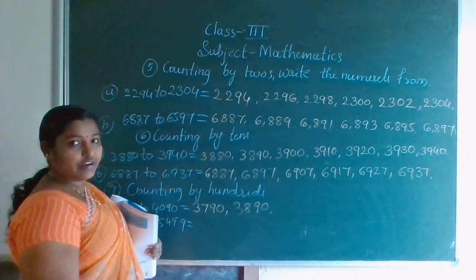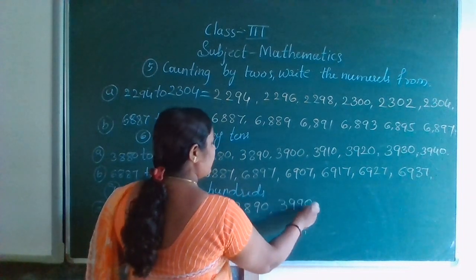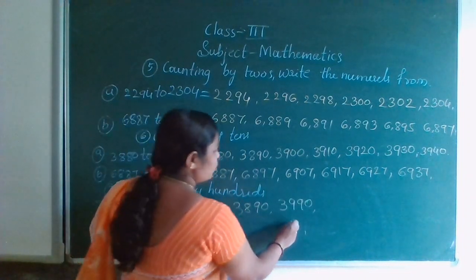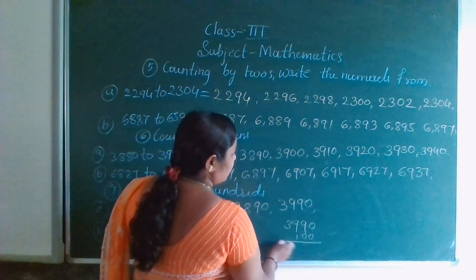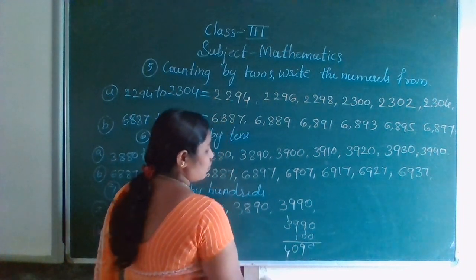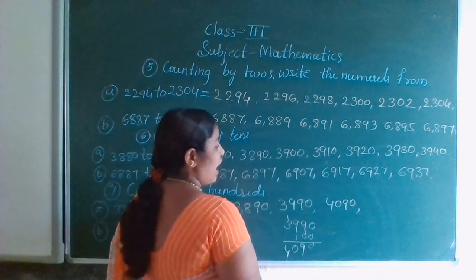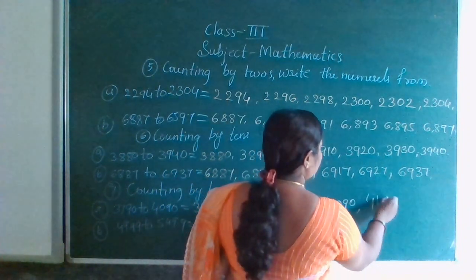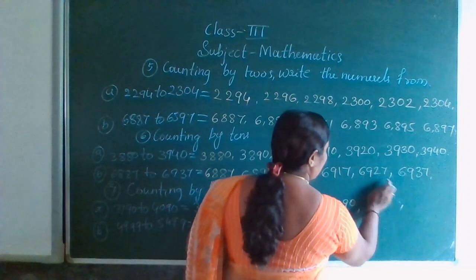Again you add 100 to this 3990. Again add 100 to this 3990 plus 100. 0, 9 plus 1, 10. This is 4. 4090. Again add 100 to this 4190. So up to this. They ask up to this.